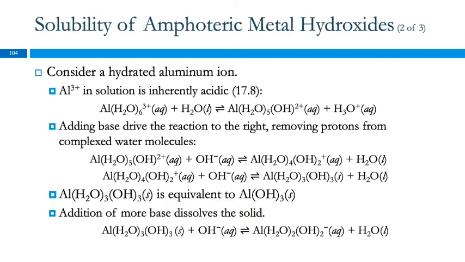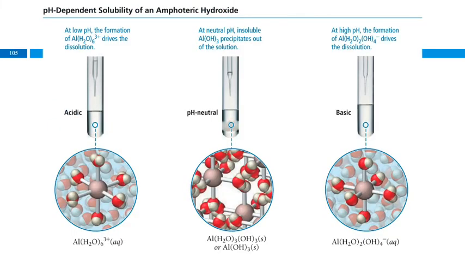But if we keep adding base, now we begin to form complex ions that are soluble again. So at low pH, we get the formation of this complex ion with aluminum, and so we get solubility.